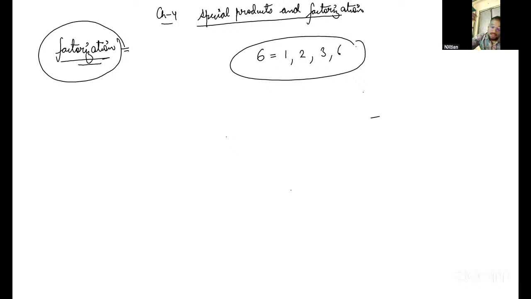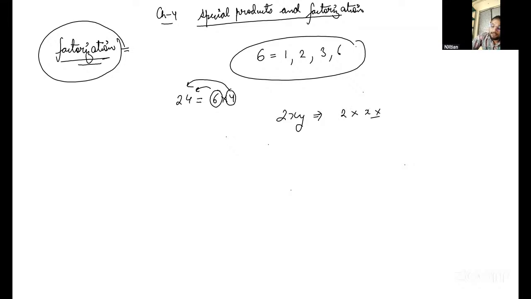Basically, factors are always written in multiplication form. For example, 24 can be written as 6 into 4. So these are the factors of 24. If you write 2xy, the factors of 2xy are 2 multiplied by x multiplied by y.